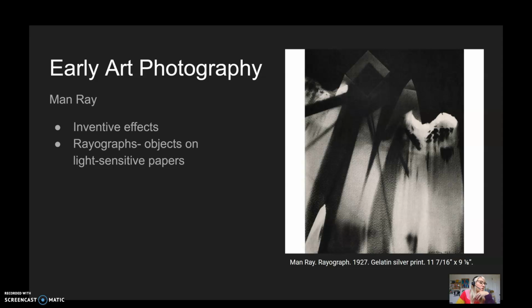He would place objects on light-sensitive paper and expose them to sunlight. So they're photographs, but no cameras or lenses are used. They're visual inventions that are recorded on film. And sometimes it's not even clear, like in this photograph, what the objects were that were placed there.